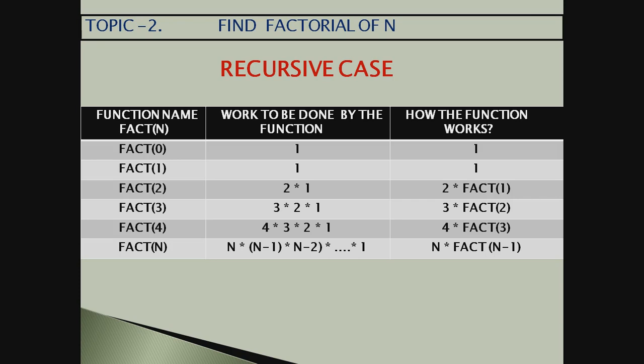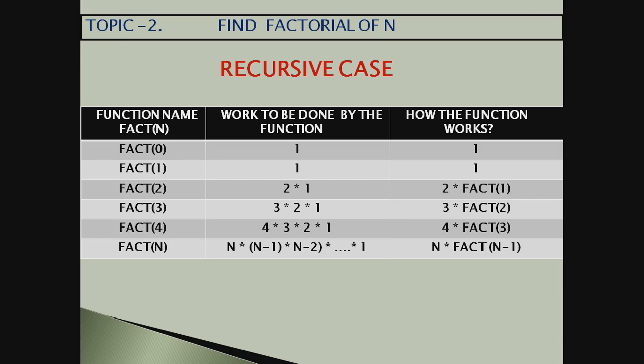But when it comes to fact 2, we humans would have written or thought 2 into 1, but the computer actually changes fact 2 into the statement 2 into fact 1. Now 2 into fact 1, you all can understand.